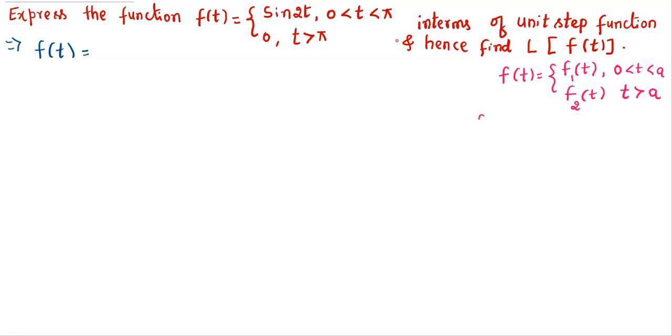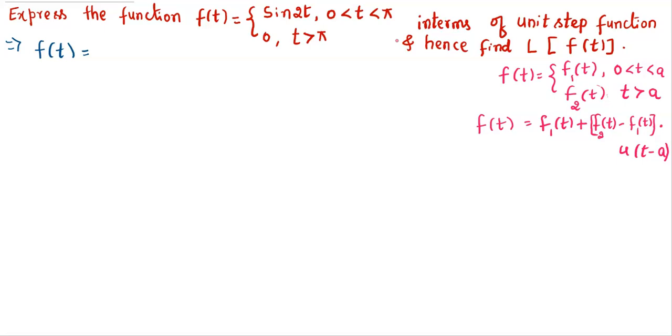Then we express the function of t in terms of unit step function as f1 of t plus the difference of f2 of t and f1 of t, that is f2 of t minus f1 of t, with the unit step function, into u of t minus the intersecting point. It is discontinuous at a, so t minus a.